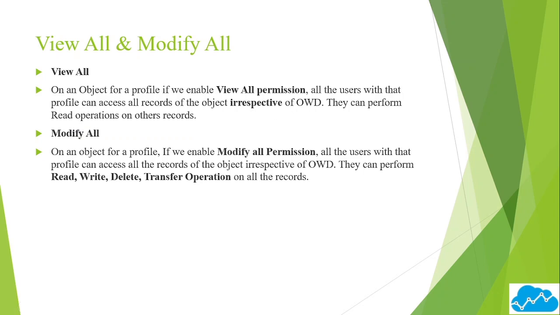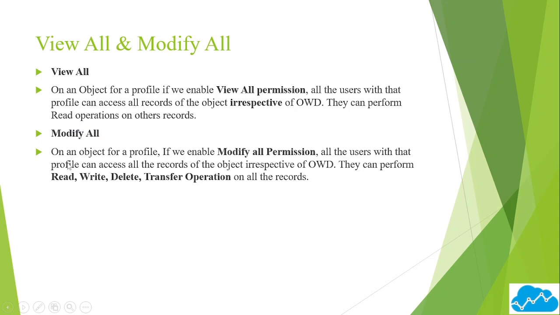So if I give restrictive access in the OWD and also check the view all permission, then they can perform the read operation on others' records also. If I made the OWD private for a particular object and also checked the view all permission at the profile level, irrespective of OWD they can perform the read operation.